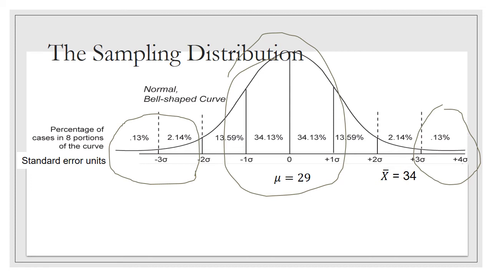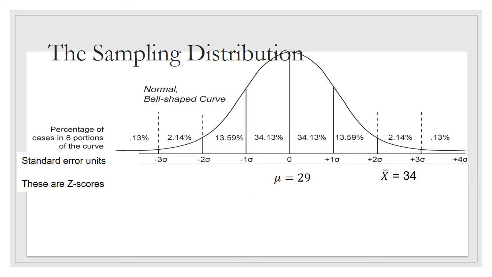We can set the stage here for using this conceptually in our hypothesis testing. Before we go on and examine this in a few other ways, I want to mention that these are z-scores. What I'm actually calculating, 34 minus 29 divided by the standard error of 2 equals 2.5. That 2.5 is a z-score. The sampling distribution we're looking at is for z-scores.